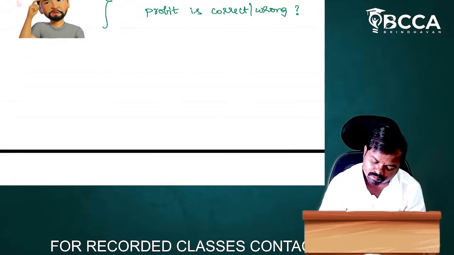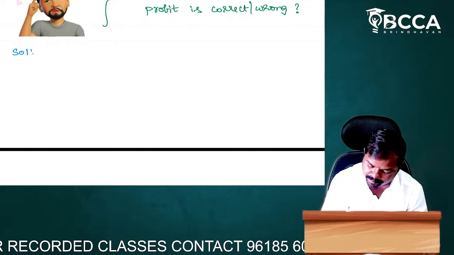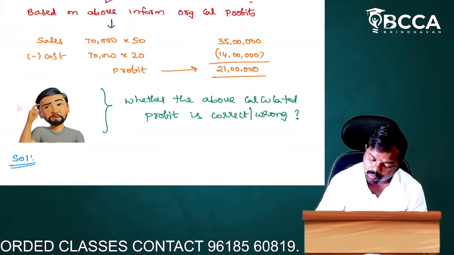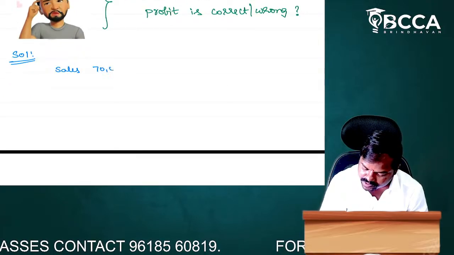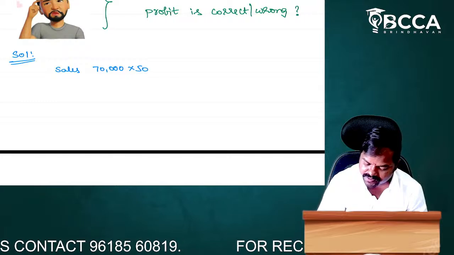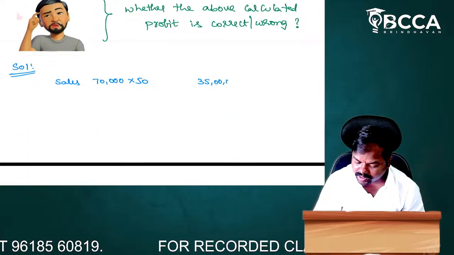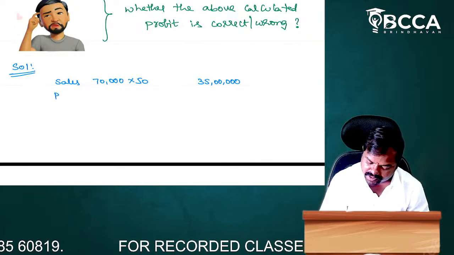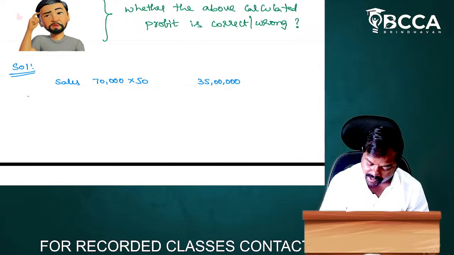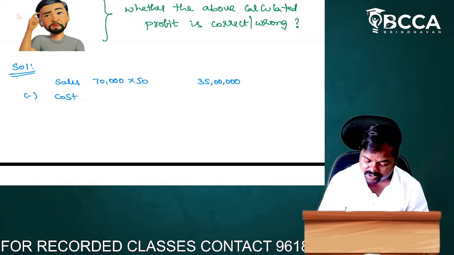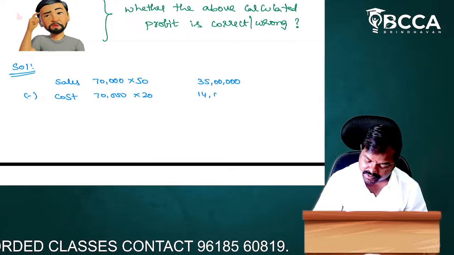Excellent. Some of the persons might be getting the answer. What did they do? Sales, 70,000 units into 50 rupees, they calculated 35 lakh reported. Minus cost, 70,000 into 20, 14 lakhs.